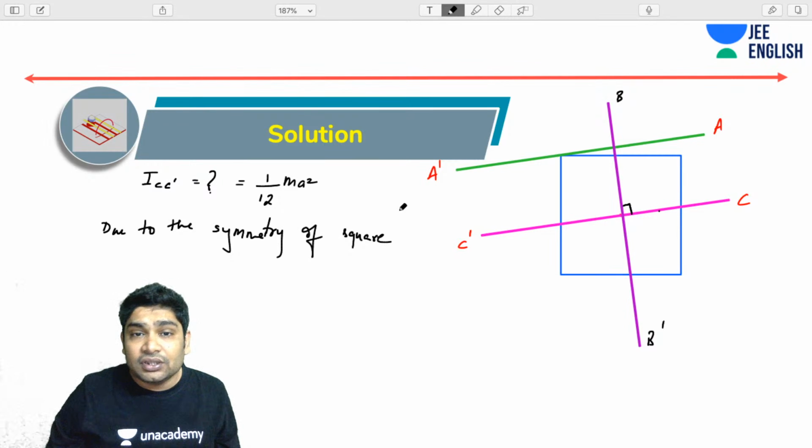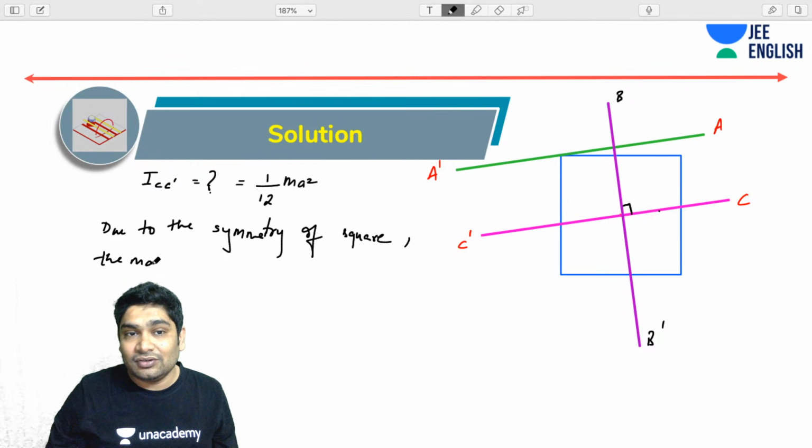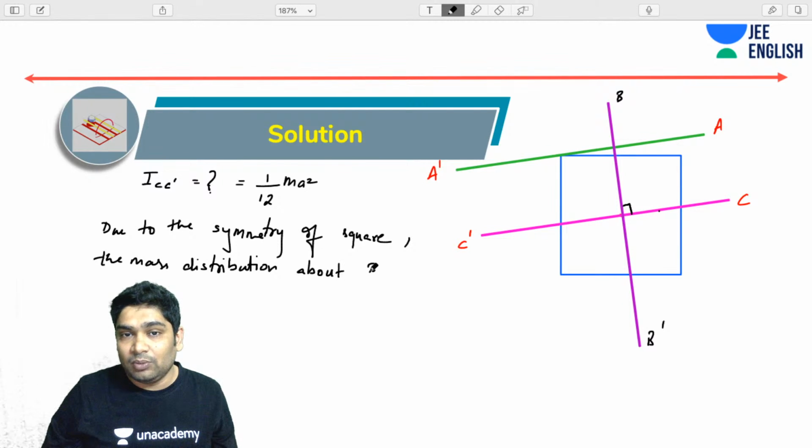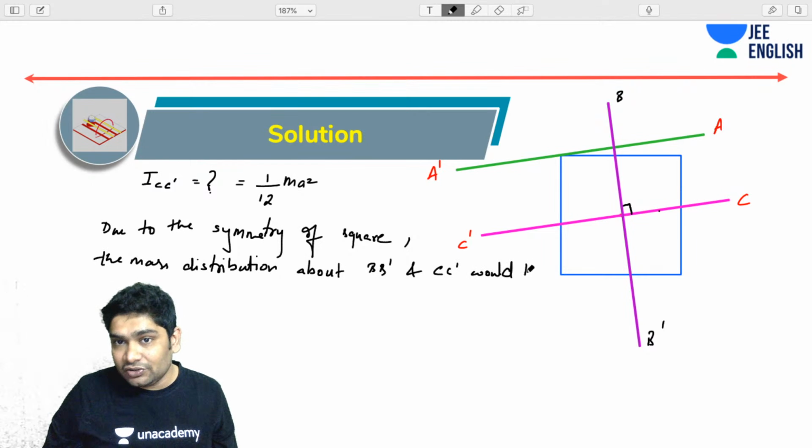Now, due to the symmetry of the square, I can say that the mass distribution about BB dash and CC dash would be exactly the same. Both these axes, BB dash and CC dash, would be identical. So first you need to follow this logic.